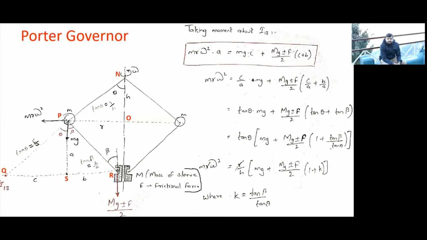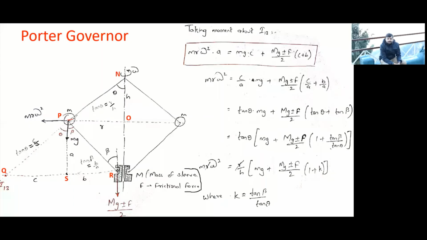What will be the forces? So this one force, that is m r omega square, is multiplied by this perpendicular distance. Okay, so this will be the line of force. Let me draw and show you.